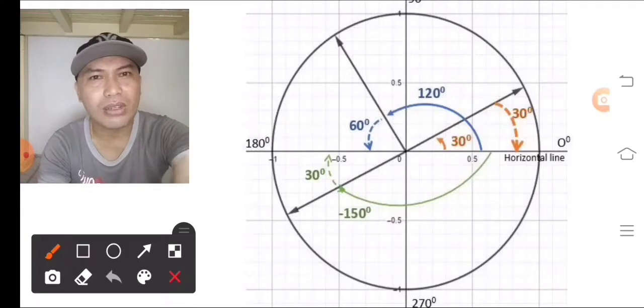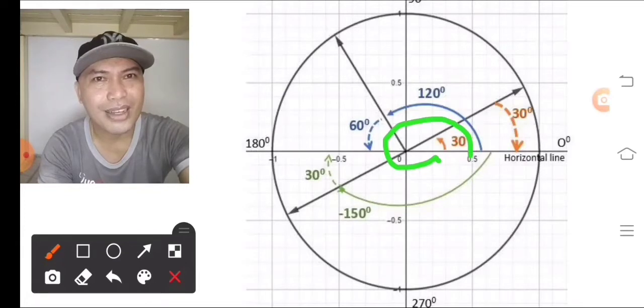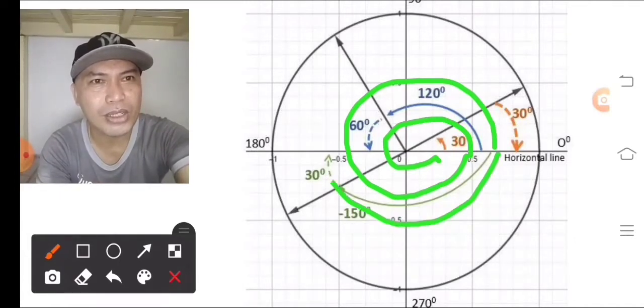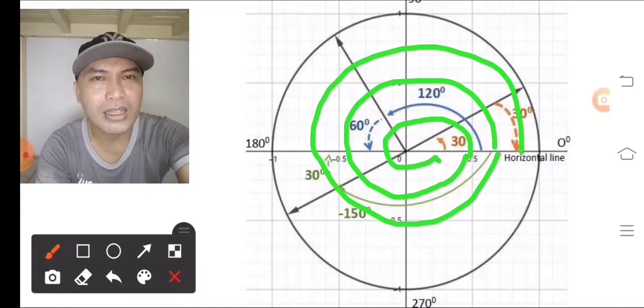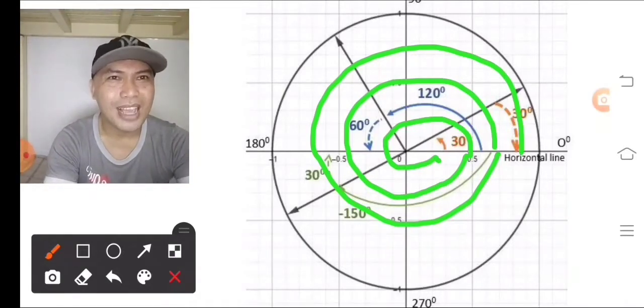So if we're going to illustrate it, one complete rotation, that is 360, then another complete rotation is 720, then another complete rotation is 1080.